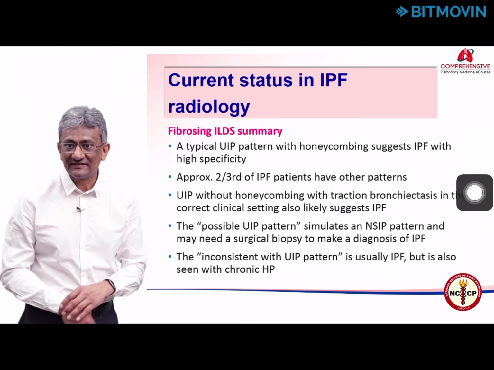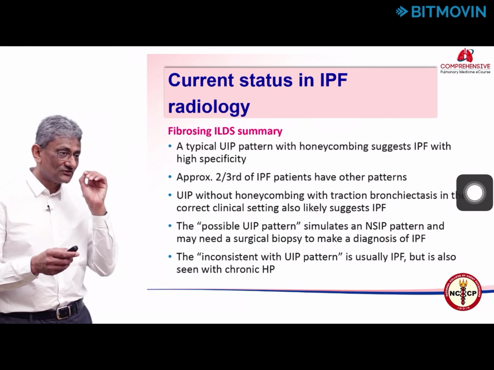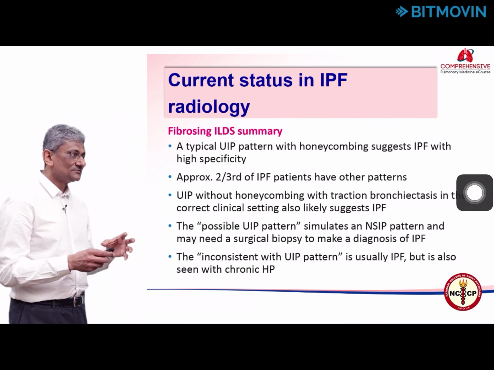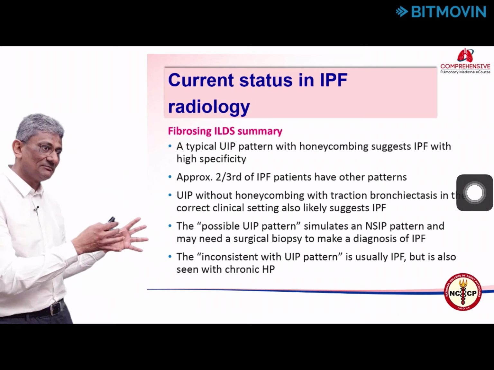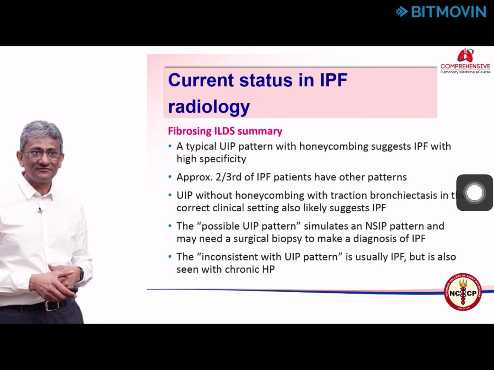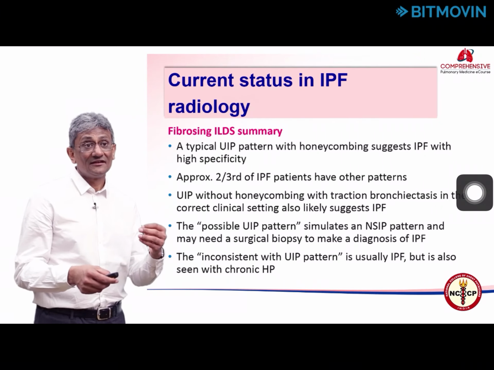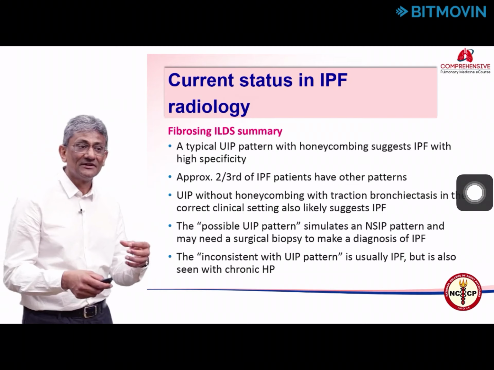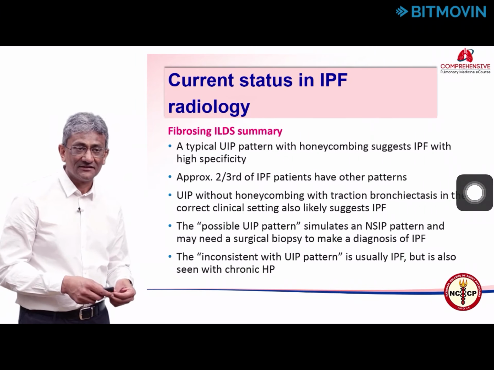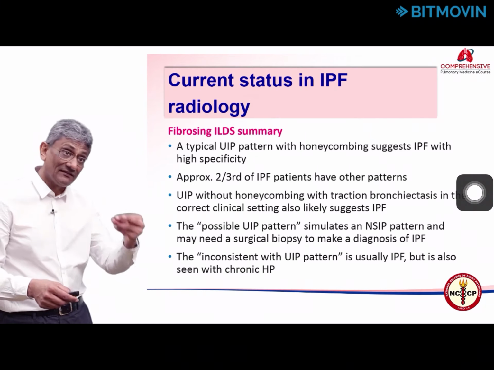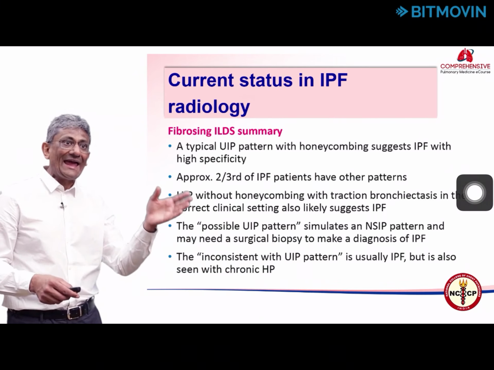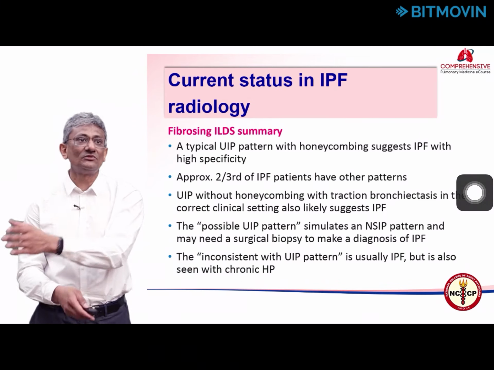Why is all of this important, and why have I spent so much time talking about the fibrosing ILDs? If you look at the scenario maybe 10 years ago and back, the overall prognosis of a patient with IPF was so bad. Today we have pirfenidone, we have nintedanib, drugs that allow us to manage patients with IPF better, and therefore it has become imperative that we can accurately make a diagnosis of IPF and accurately rule out the presence of IPF.